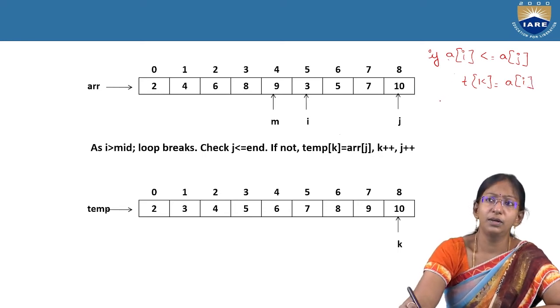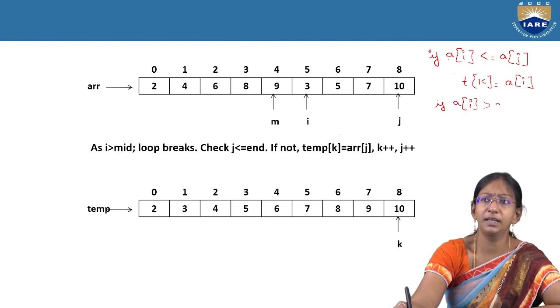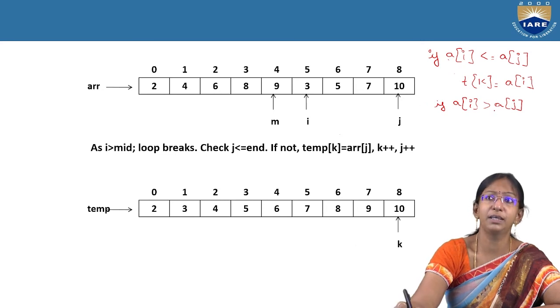If the element pointed by I is greater than the element pointed by j, that means the element in the second list is having a higher value when compared to I, right?